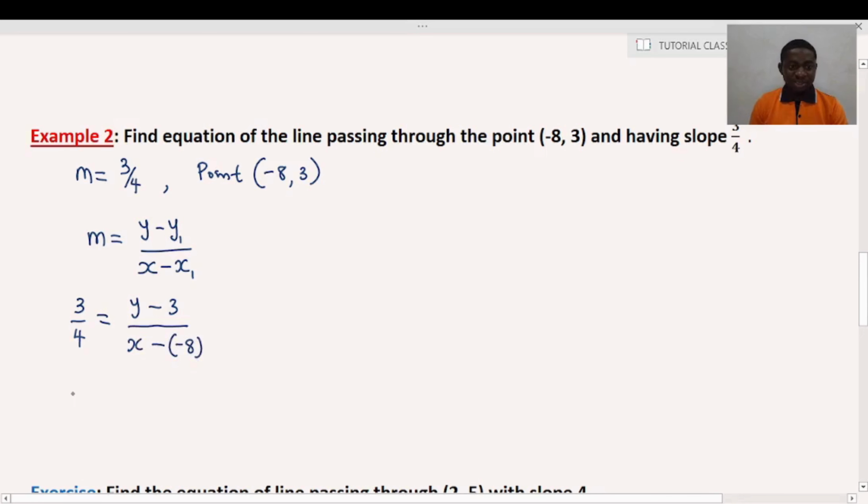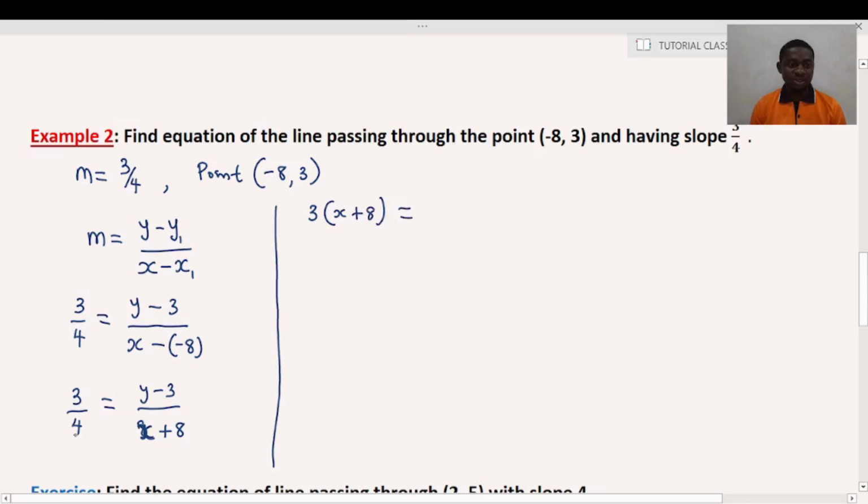So this will further reduce to 3 over 4 equals (y minus 3) divided by (x plus 8). When we get to this point, it's so easy. What we need to do is just to cross multiply. When we cross multiply, we obtain 3(x plus 8) equals 4(y minus 3).